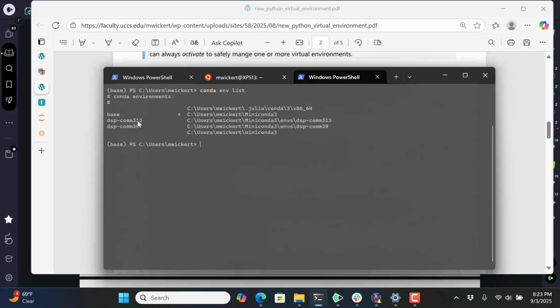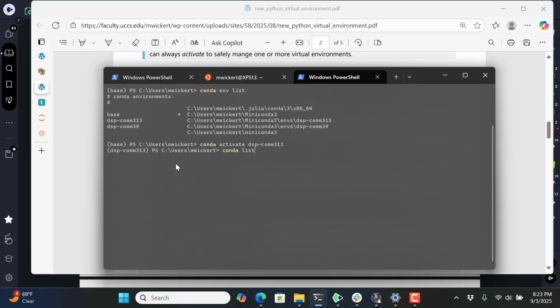So I have to go conda activate, and then I have to list off which environment I want to activate. So it's DSP-COM313. And now you see I'm prepending with 313. If I do a conda list, I will see all the packages that are installed with this environment.